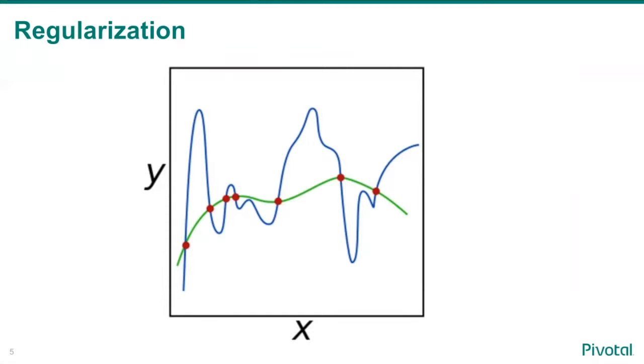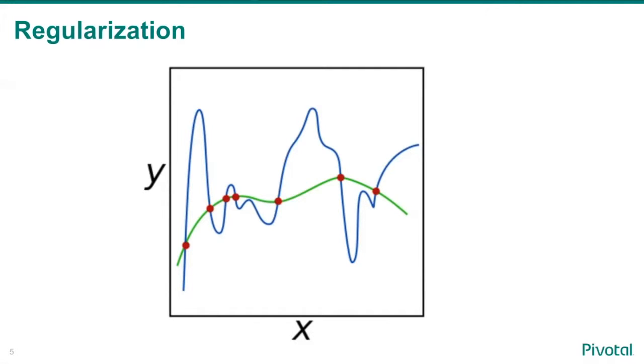You might remember from your high school or undergraduate math, if you use too high an order polynomial in polynomial curve fitting, and you don't have enough data, it will give you a zero error, but that model is not very good, right?